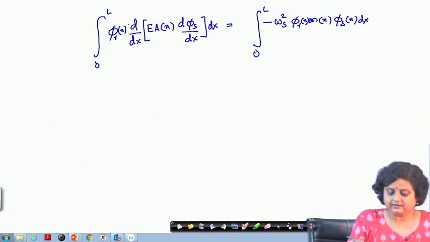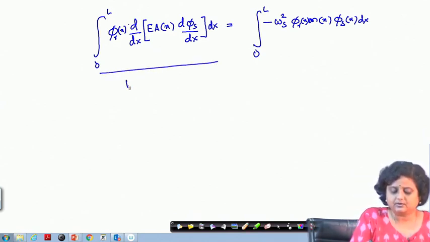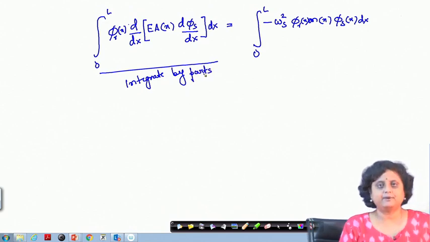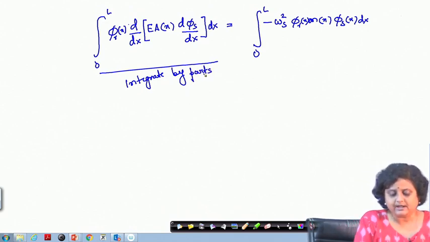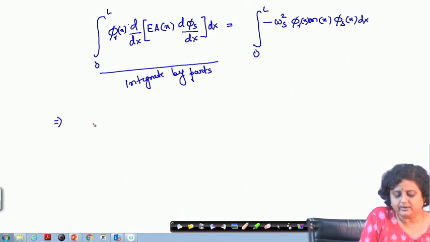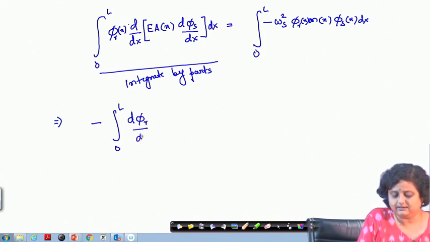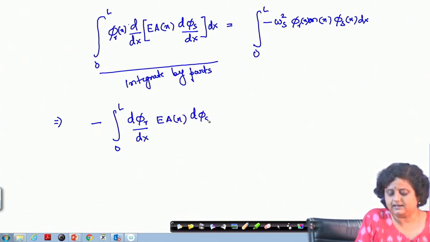I again integrate this by parts, and if I apply the boundary condition, I will see that this will boil down to integral 0 to L of d phi r by dx into E A x d phi s by dx.